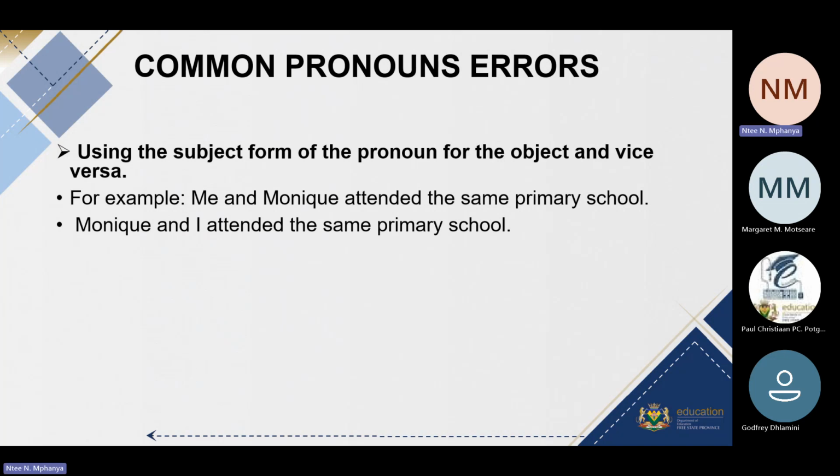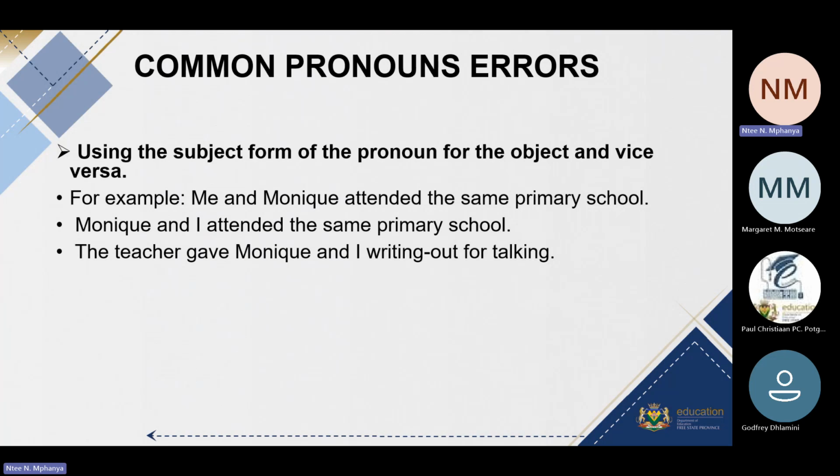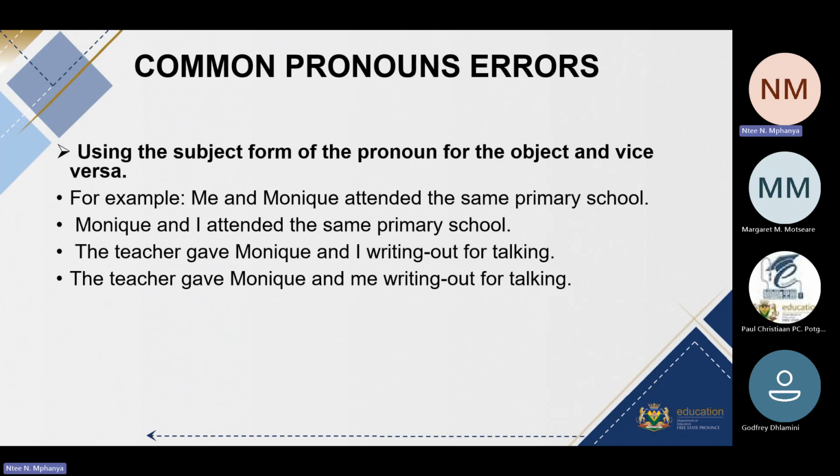We say, "Monique and I attended the same primary school." "The teacher gave Monique and I writing out for talking." "The teacher gave Monique and me writing out for talking" is the correct one. The first one, where we use Monique and I, is not correct. It's wrong. It's an error.